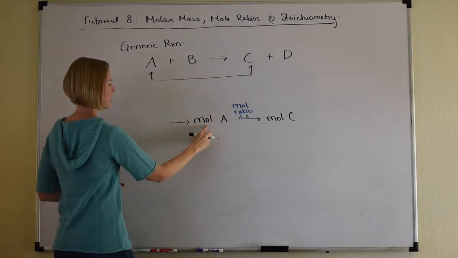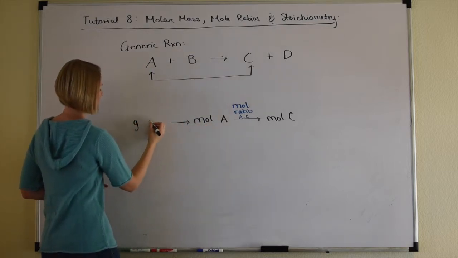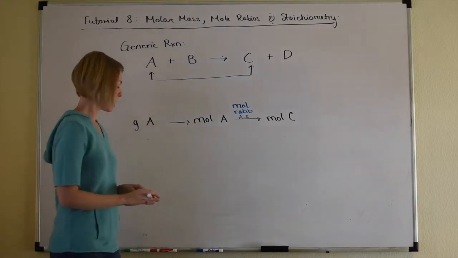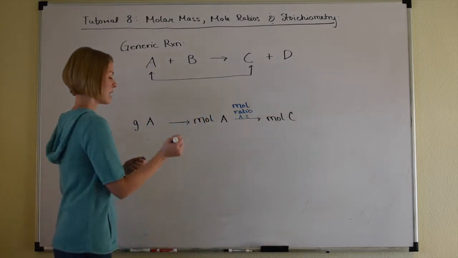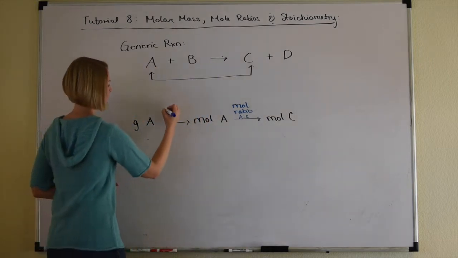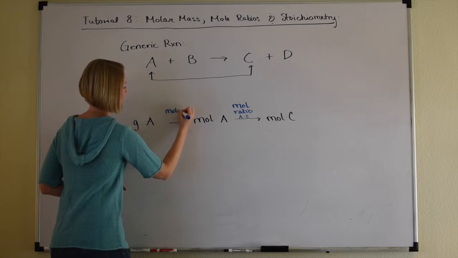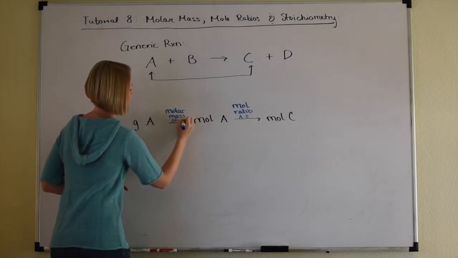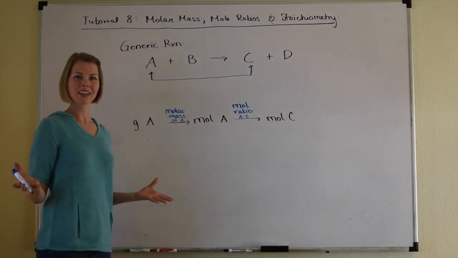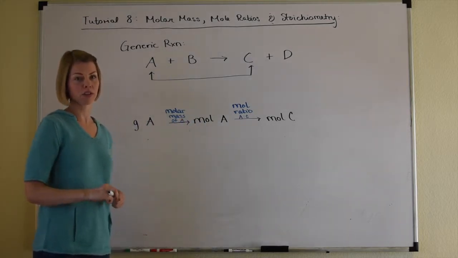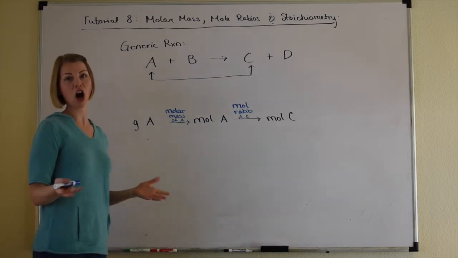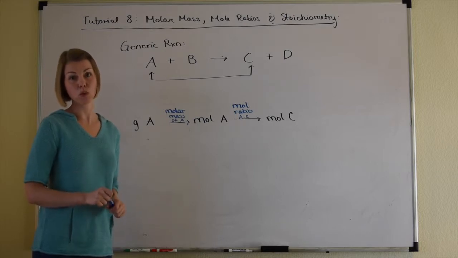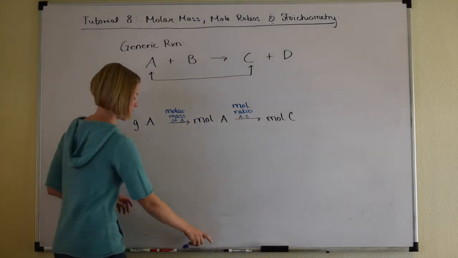If you're converting between moles of substance A and grams of substance A, the only conversion factor that we have to do that is the molar mass of substance A. Where do you get that? From your periodic table. Remember, it's the same number as the atomic mass, but now when you're thinking of molar mass, you're going to express it in grams instead of atomic mass units.